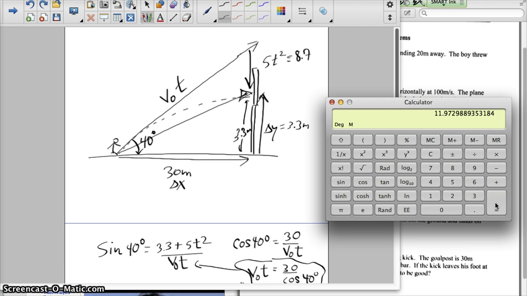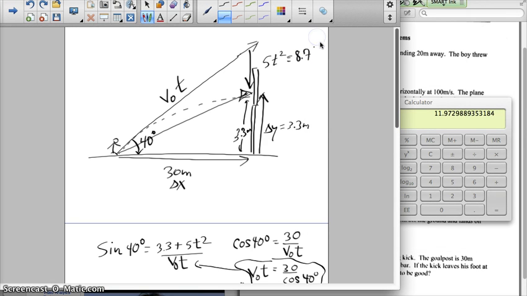So this entire side from top to bottom is about 12 meters. Okay. So I can use Pythagorean theorem to find v naught t pretty easily. So let's do that. So v naught t is going to be square root of 30 squared plus 12 squared, right?